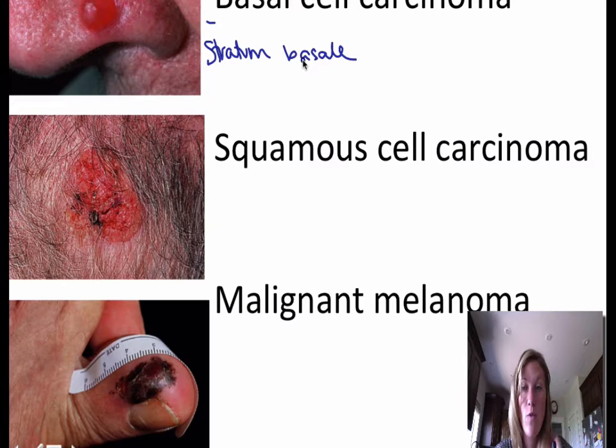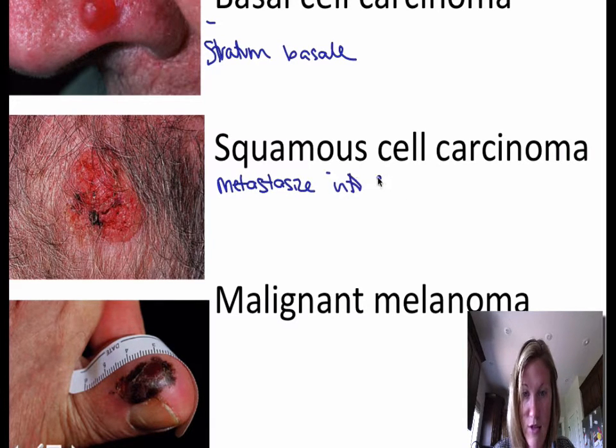And then we have squamous cell carcinoma. Okay, so that's going to look just like this right here. This will metastasize into the lymph nodes if it's not removed quickly.